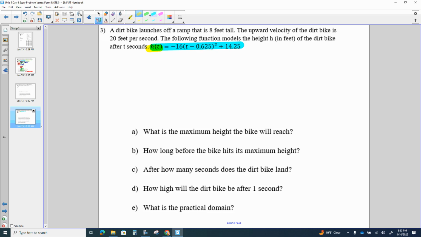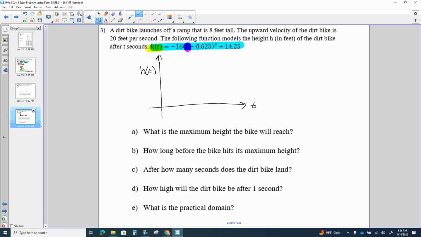Again, this is our y. That's really our x, and it really comes down to it. And it's going to be a bike that launches. I can see it's negative, so I'm going to want my U to kind of head down like that. So again, I can start getting my rough sketch, my x and y, nothing fancy. I can turn around and say this is h(t) right now, and this will be t.